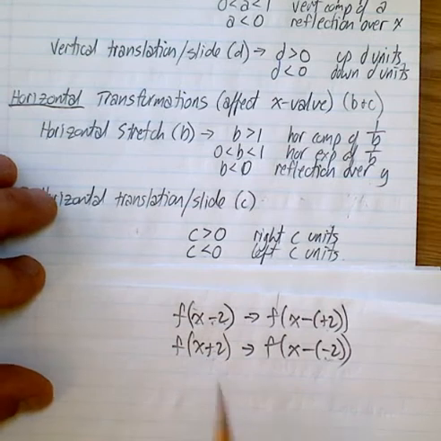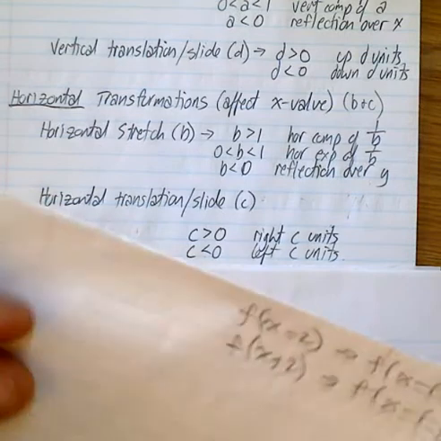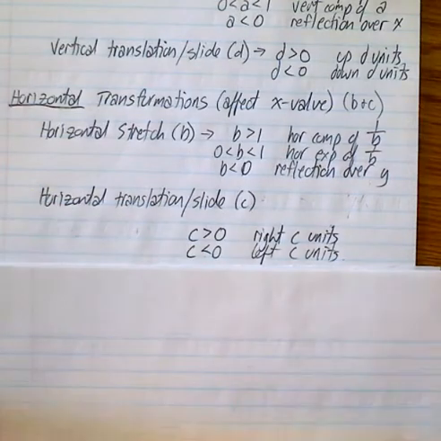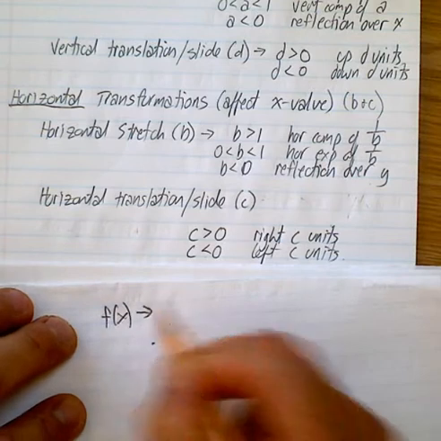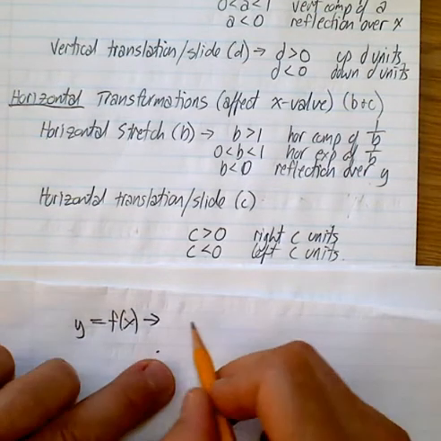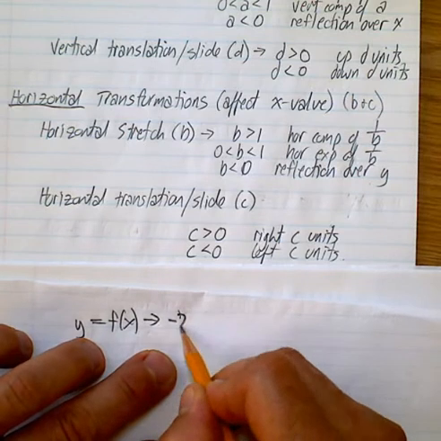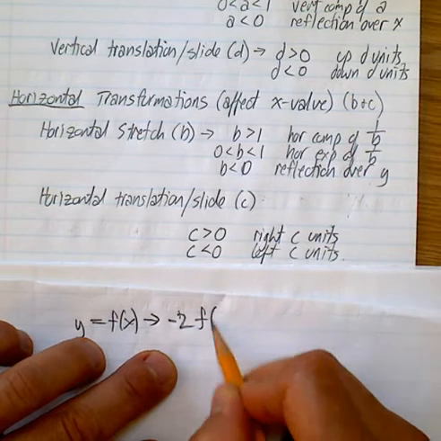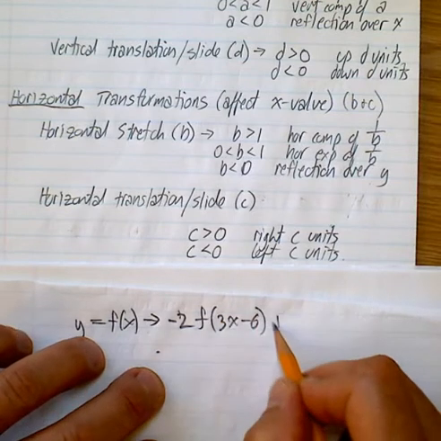And that is one of the things that screws us up quite a bit. So what we're going to look at quickly here is an example. Let's look at y equals f of x turning into, let's say, negative 2 f of 3x minus 6, plus 1.